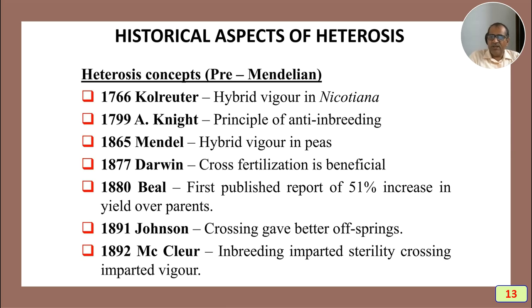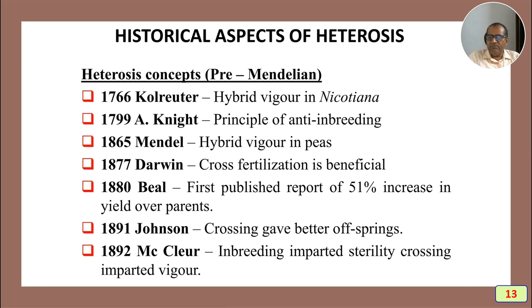In 1865, Mendel informed about the hybrid traits and also the vigors. In 1877, Charles Darwin showed that cross fertilization is always beneficial.